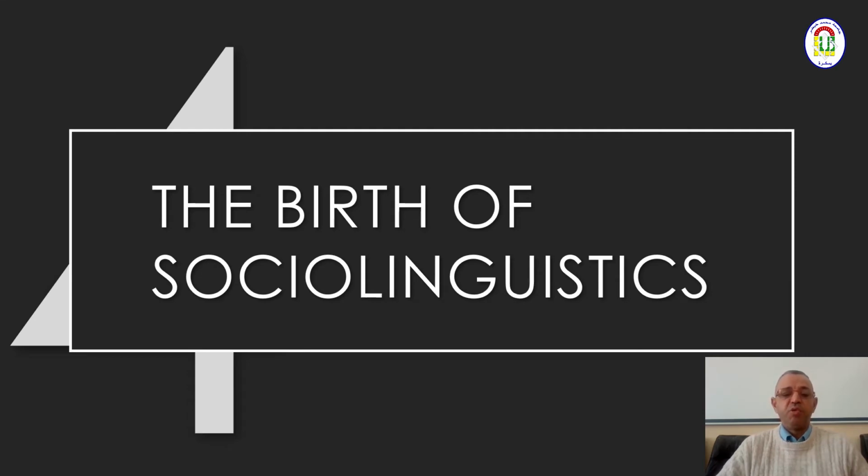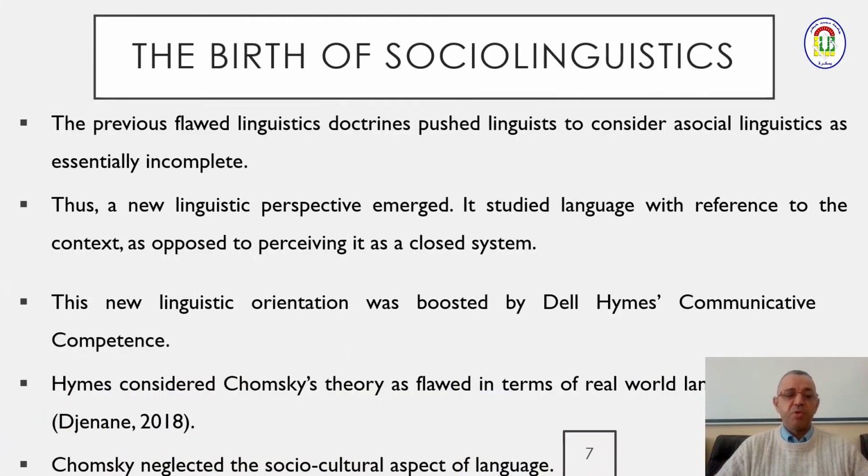Now, let's move to present and discuss, briefly, the birth of social linguistics. The previous flawed linguistic doctrines pushed linguists to consider linguistics as essentially incomplete. Thus, a new linguistic perspective emerged. It studied language with reference to the context as opposed to perceiving it as a closed system.